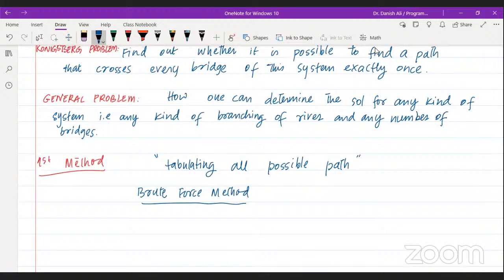And for the general problem, it becomes very difficult to do these things. So if this method is not elegant, he starts to think what he can do to improve the method, or how he can tackle this problem.